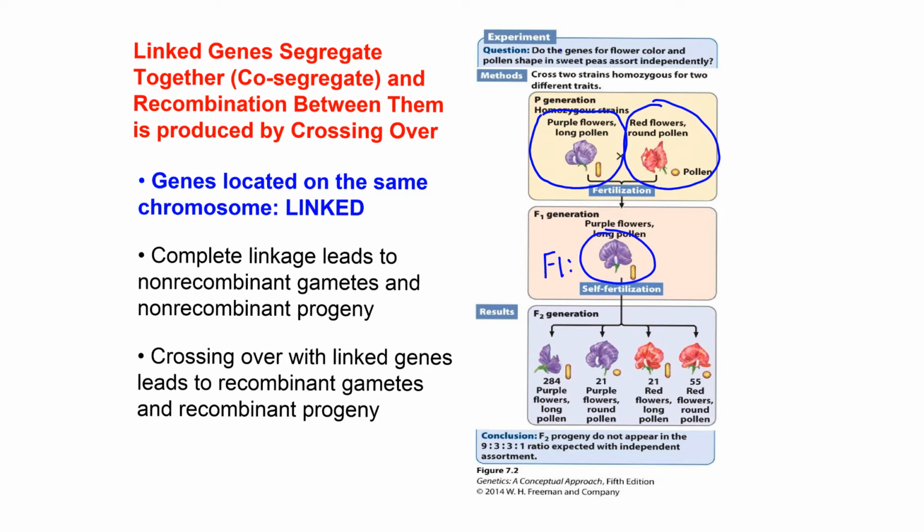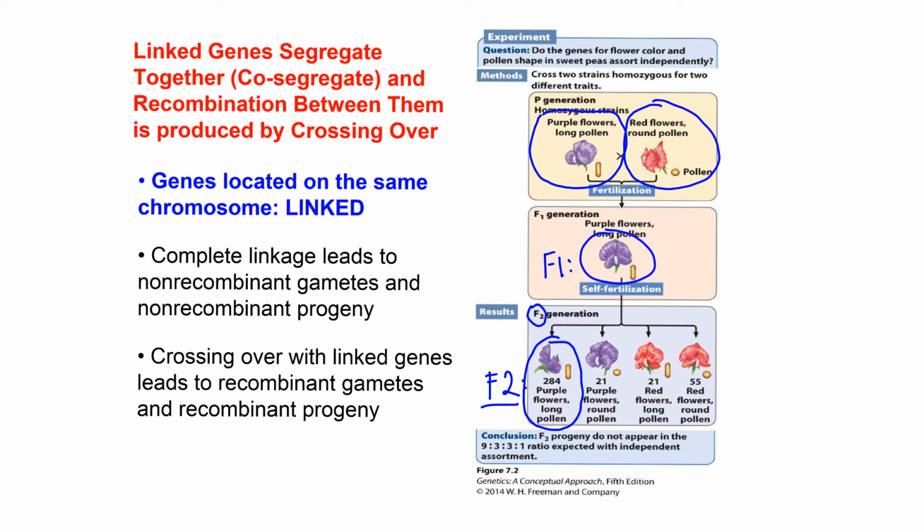However, if you look at the F2 generation, you notice immediately the difference between independent assortment and linked genes. In independent assortment, the ratio we would obtain in F2 would be 9 to 3 to 3 to 1. But if these two genes for color and shape of pollen are linked, you see that the majority resemble the dominant parent. You have most of the dominant purple flowers with long pollen.